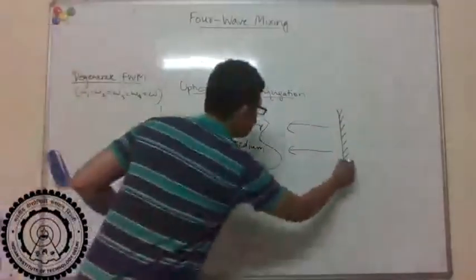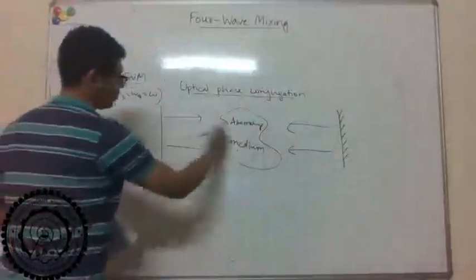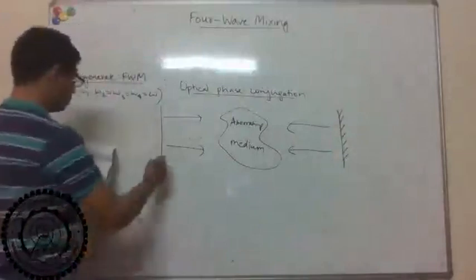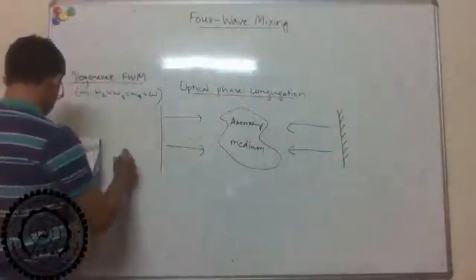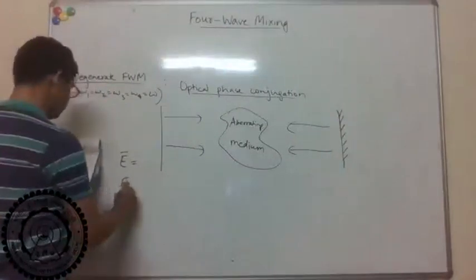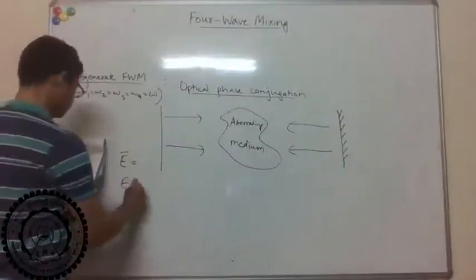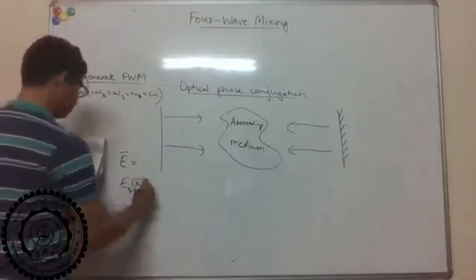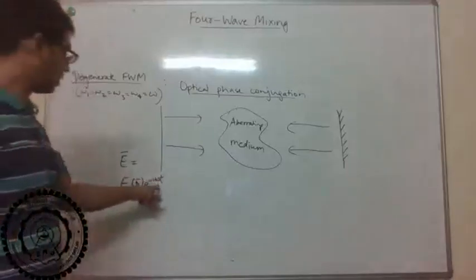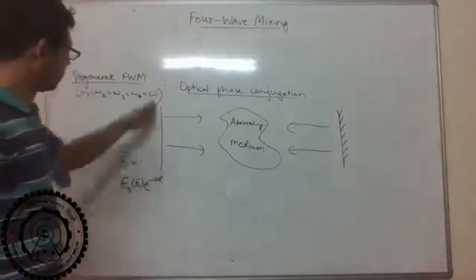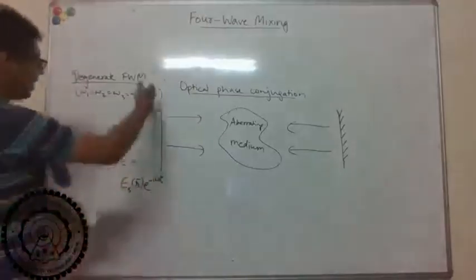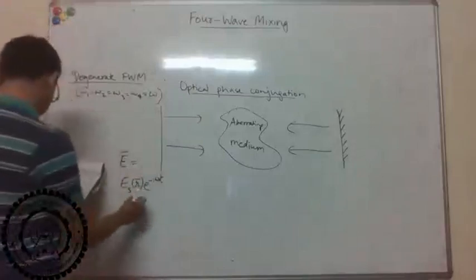So basically what happens? Let's say I'm sending a plane wave from this side. So my input electric field profile I can write as, let's consider again some monochromatic wave at a particular frequency, and this E_s of r gives me the wavefront. For a plane wavefront, this E_s of r is just a constant.